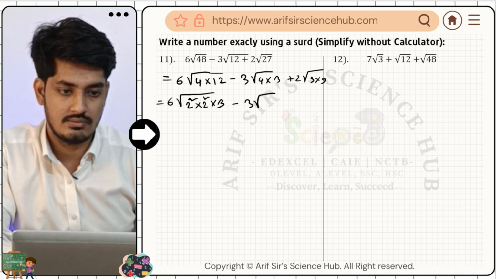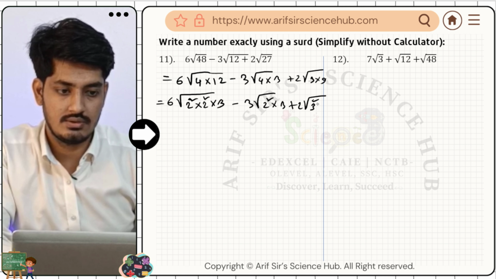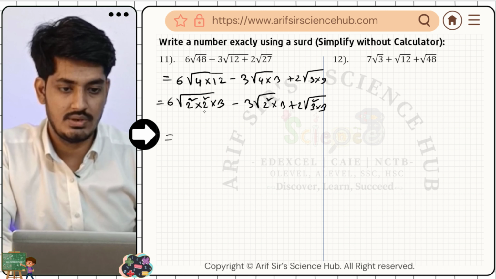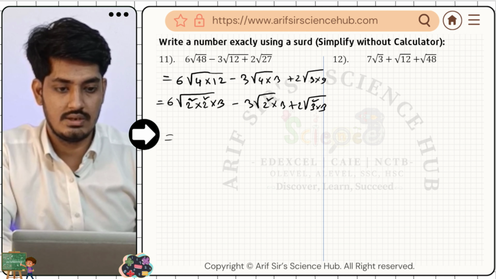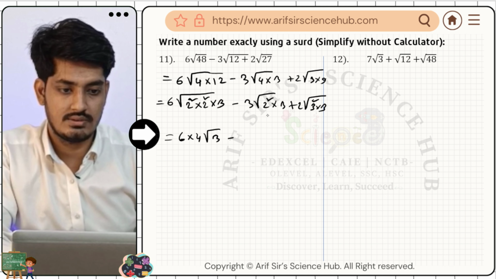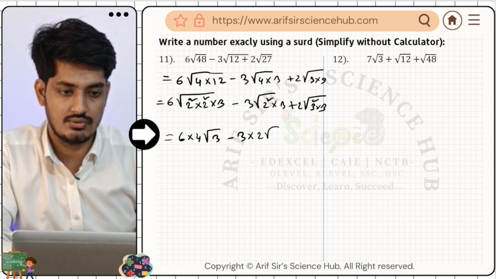Now we can just again simplify this, plus 3 square into 3. So we can bring this 2 square, that means this 4, out of the square root, that means 6 into 4 square root 3, minus, we can bring this 2 out of this square root, that means 3 into 2 square root 3, plus we can bring this 3 out of the square root, that means 2 into 3 square root 3.